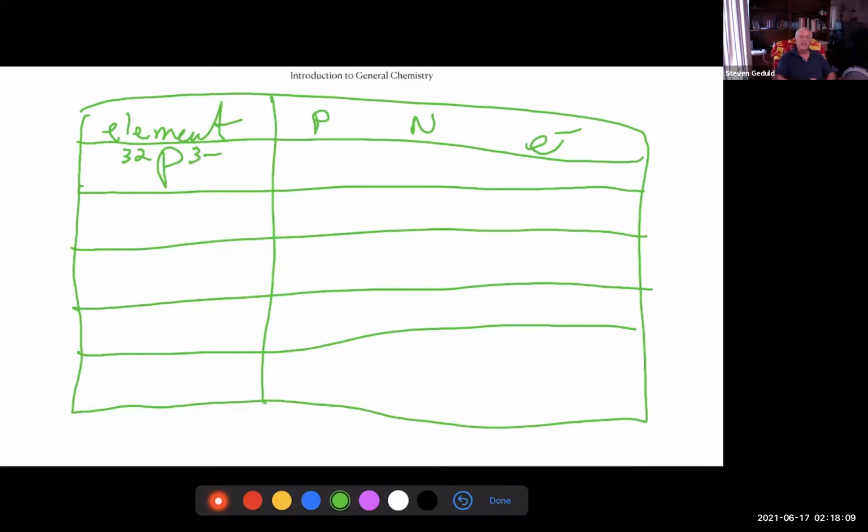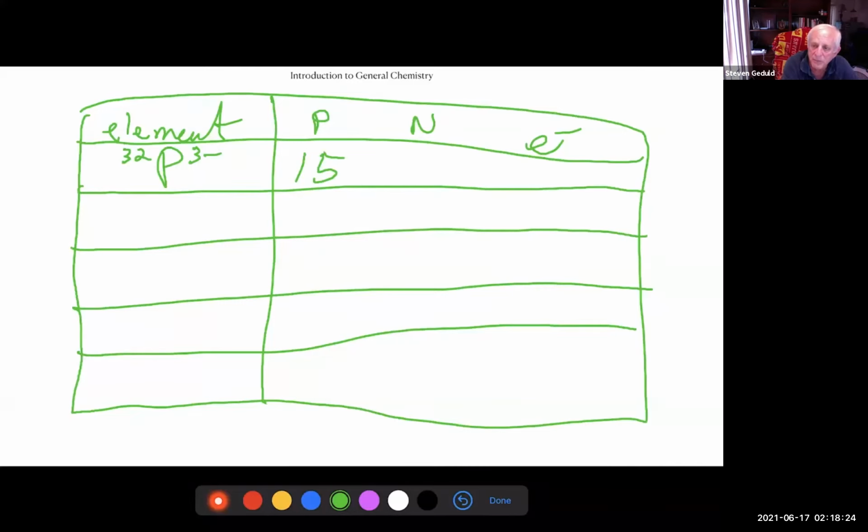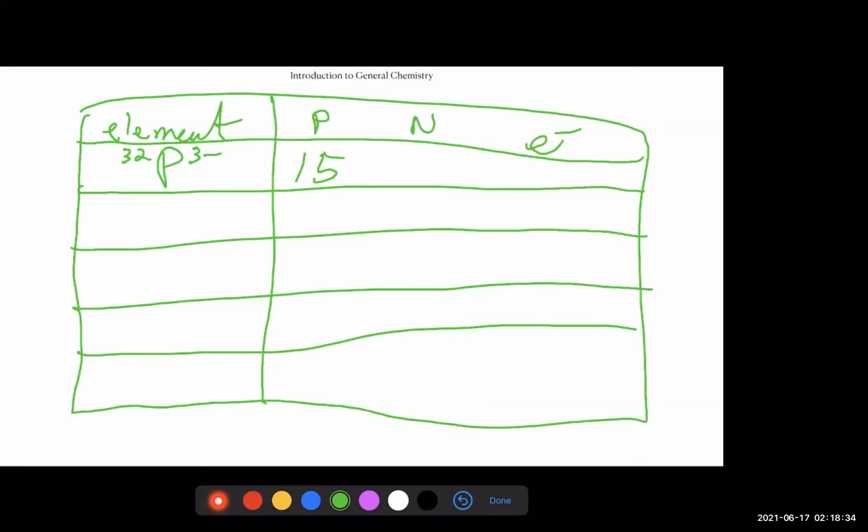So if I give you that element, how many protons do we have? 15, right? Everybody see where Bilal is getting 15 from? They see that big number on the periodic table. Yes. All right, perfect. So 15 protons.